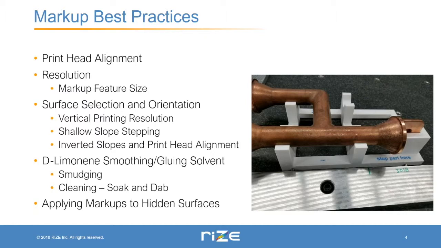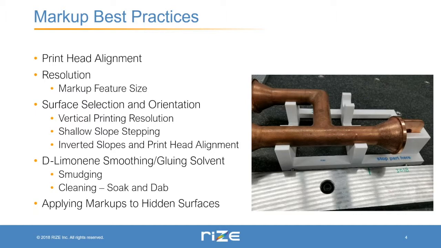In cases where this alignment gets out of line, you can have cases where the markup is being jetted off of the part and down onto the raft, or missing the surface that it's intended for. So this is one thing that will be involved in maintenance occasionally.